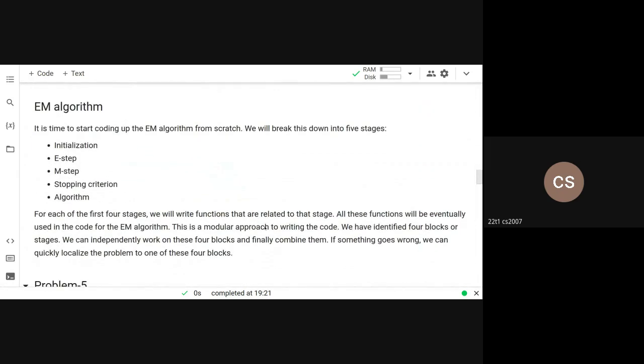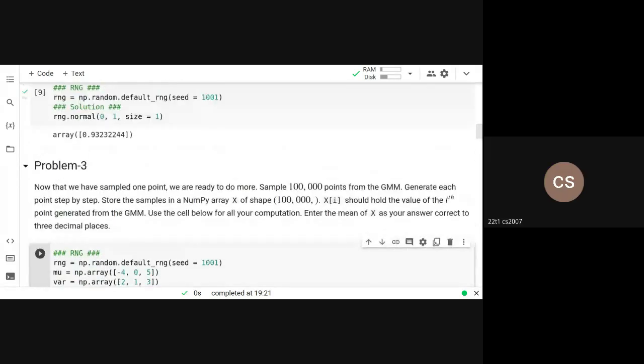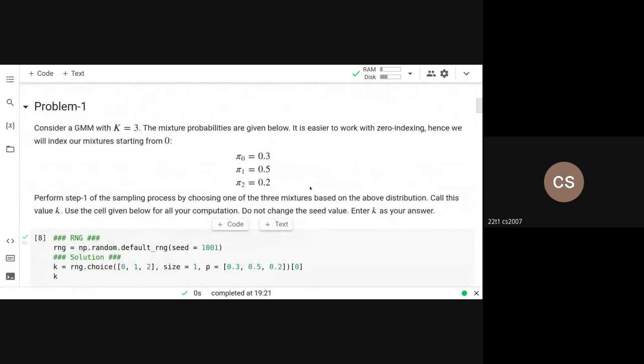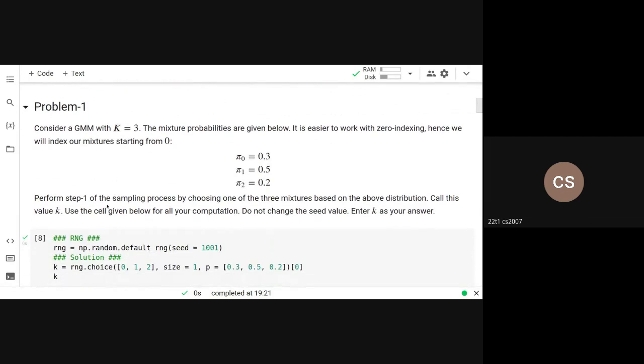Okay, so far I think there are no questions. I will proceed. So how do you know we have three mixtures based on the probabilities? No, I specify that there are three mixtures. I start with three mixtures. What we need to understand is that here I am generating the data, so I have control over K, but when you are given a data set, you won't know how many mixtures to choose.